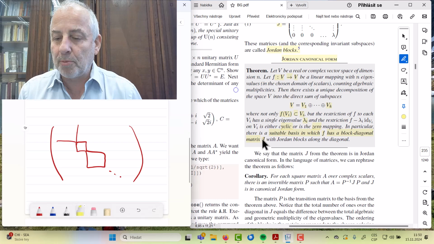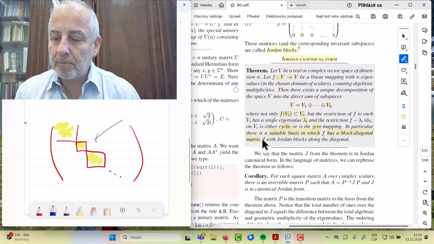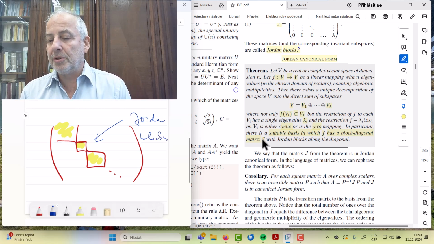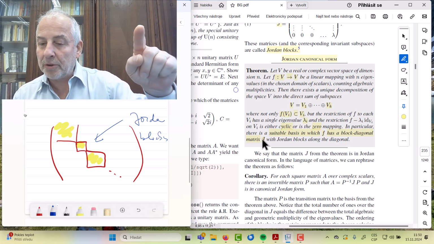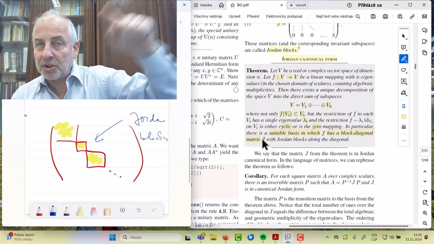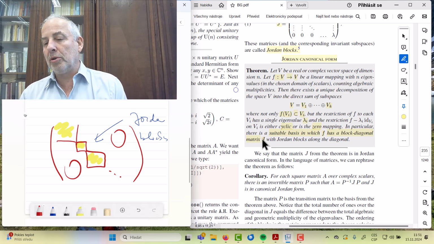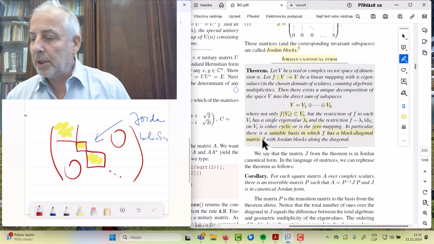And each of those blocks will be a Jordan block. So either it's 0 or there is just the same eigenvalue lambda in one of those blocks plus the ones over the diagonal. And everywhere else, you have got 0. So it's block diagonal. And that's the claim of the theorem.